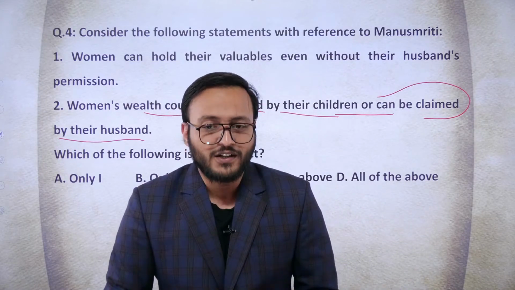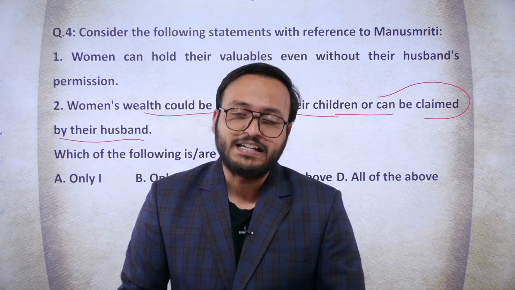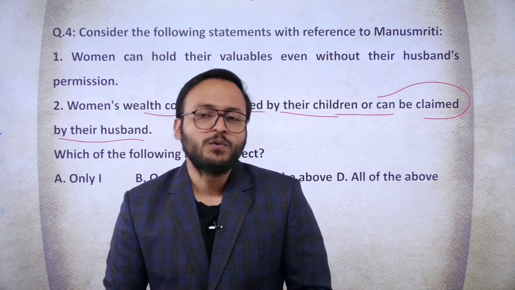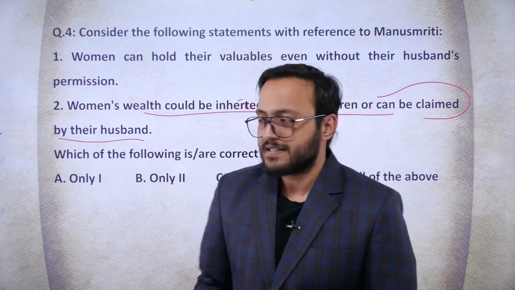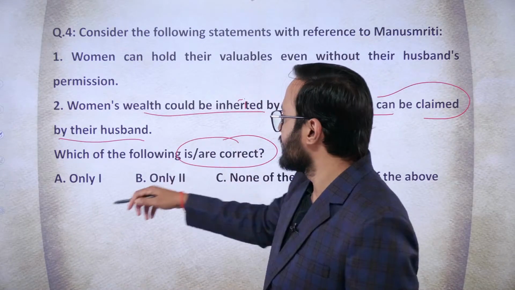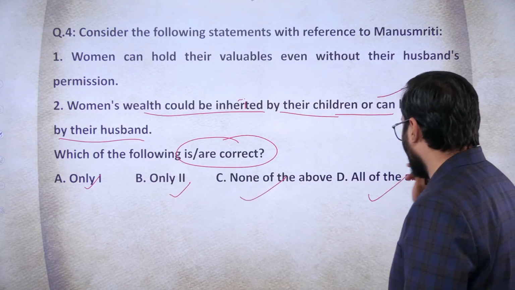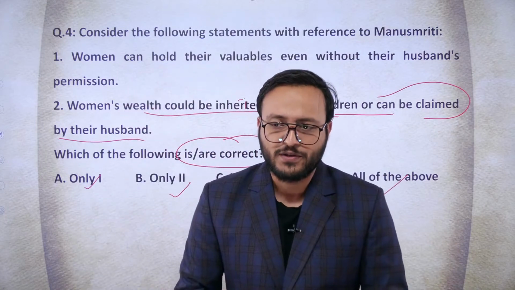So how many of the people have seen the questions with the answers already? Now guys, I hope that you got a clear idea. Now here you have to answer this question. Exactly which of the following statements are correct? Only one, only two, none of the above, or all of the above. So what is the exact right answer to this question, everyone?